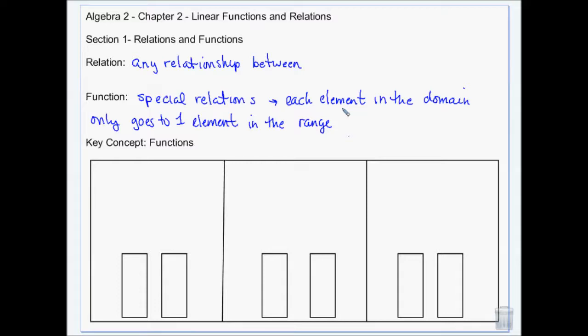And there are different kinds of functions. We have functions that are called one-to-one. Okay. And if this is your domain and this is your range, and I have some numbers in the domain, and I have some letters in the range, one-to-one means that basically every domain element is used.